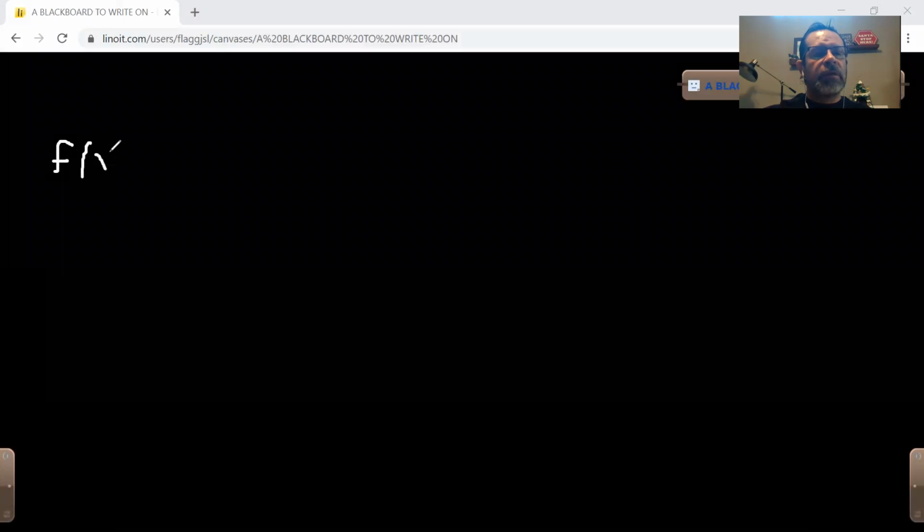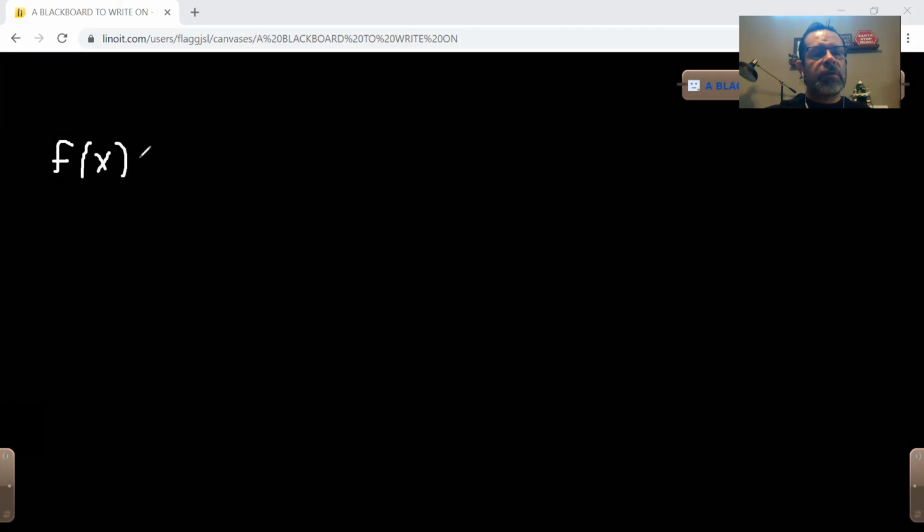So we've got f of x equals minus 3 elevated to the 2x plus 9. Just to be clear, because we're talking about exponents, 3 is the base.